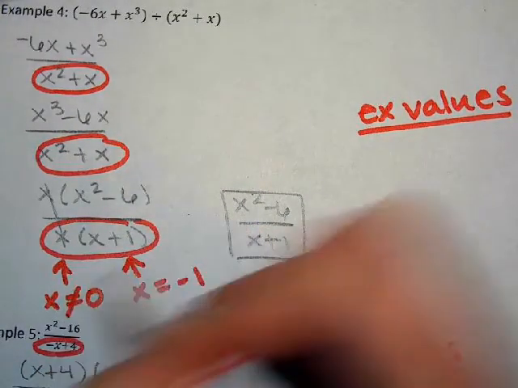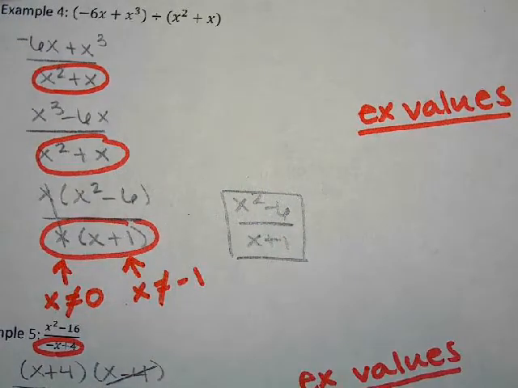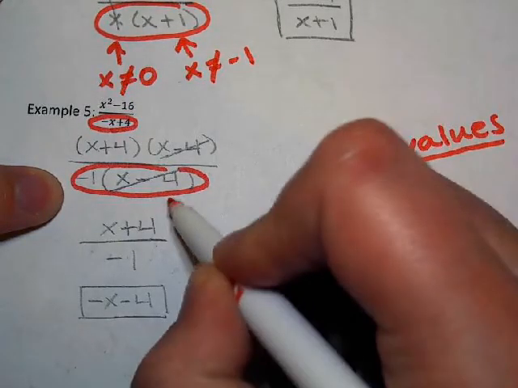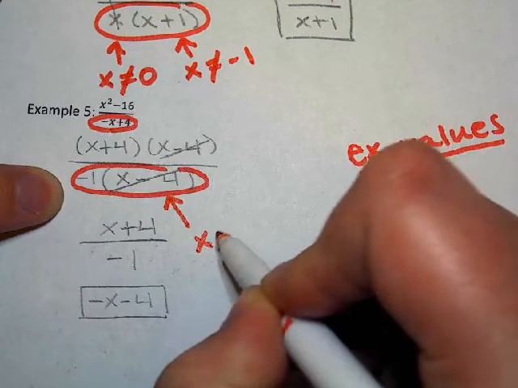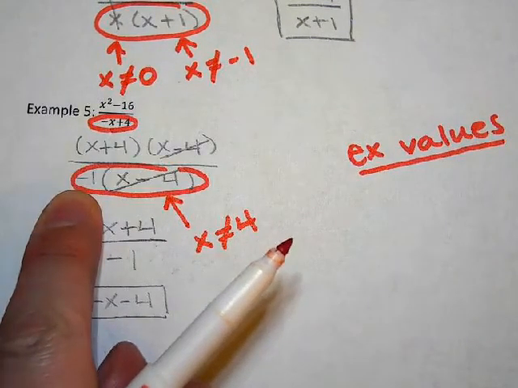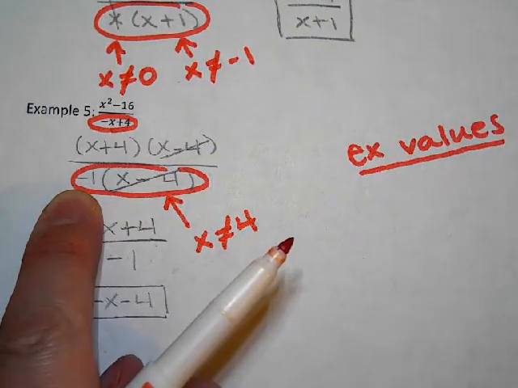Okay, anyone get excluded values for number 5? Yeah, CJ, what'd you get? 4. So we just have the 1, x equals 4. How come this part did not give us an excluded value? Yeah, there's no x involved, so it's not going to be a solution for x because there is no x there.